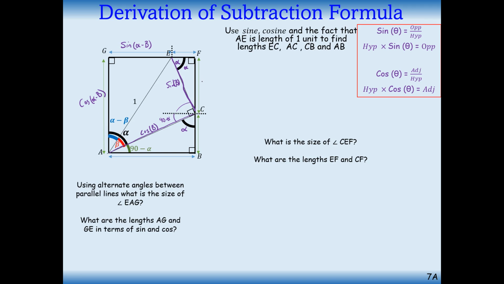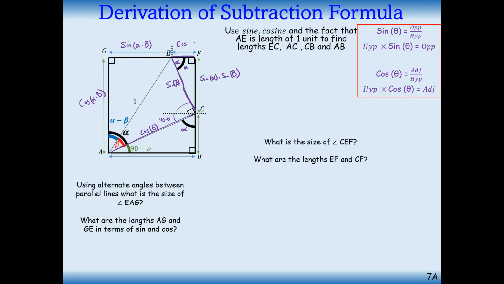Length to E is the opposite side of angle alpha. Therefore, I'm going to call it sine of alpha multiplied by the hypotenuse, which is sine beta. And C to F is adjacent to angle alpha.